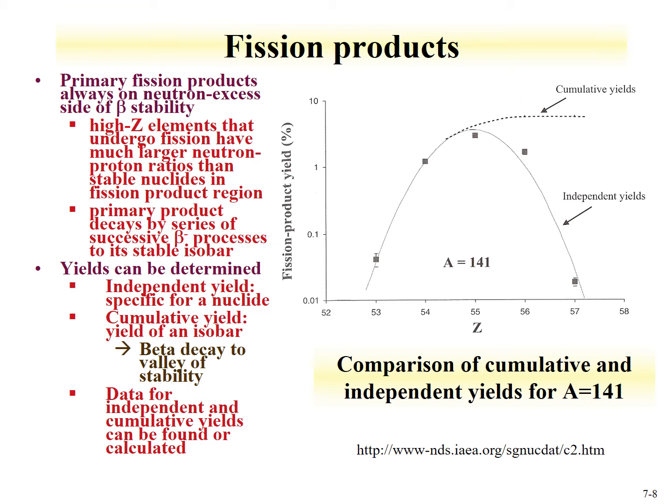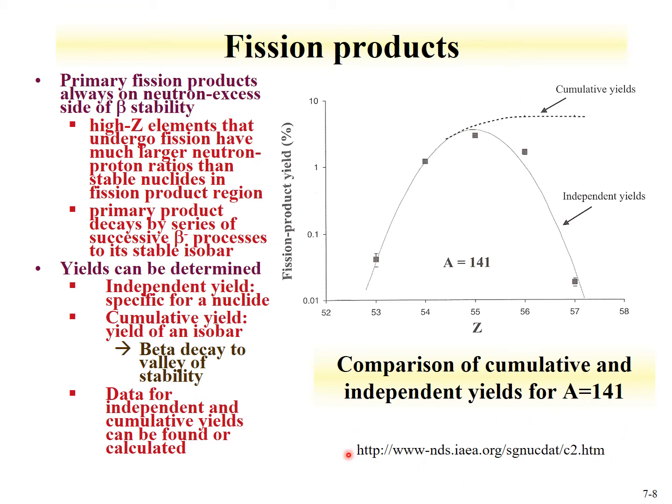As we can see, the independent yields need to be determined for specific nuclides. These can be difficult to determine, especially with radionuclide fission products that are relatively short-lived. The data for both the independent and cumulative fission yields can be found at this web page listed here.